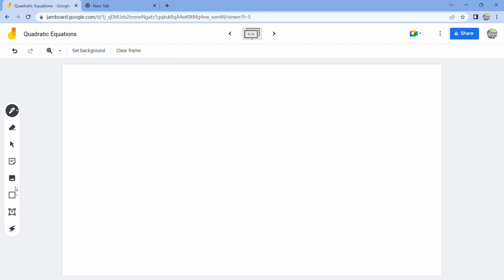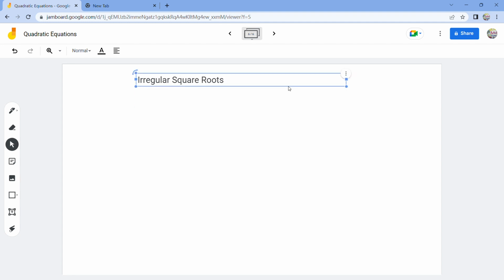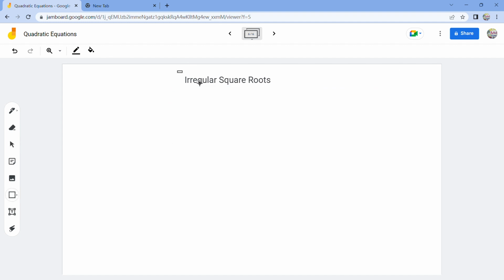So that is this case. So over here, what A actually is, A is the divisor. Sometimes you'll come up with this thing: irregular square roots.